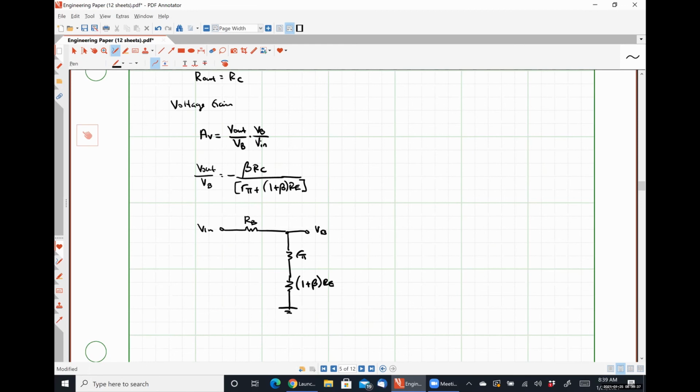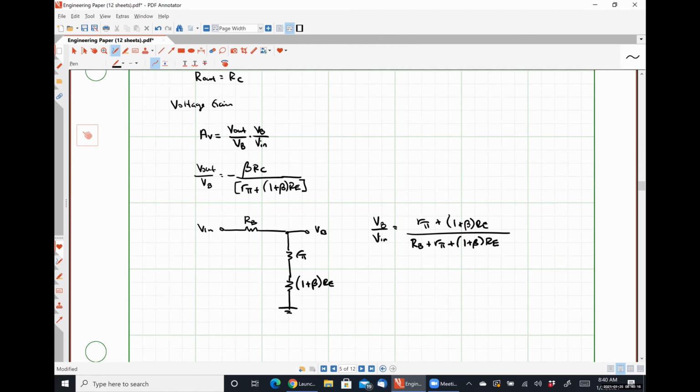So I can figure out what VB over Vn is just using simple voltage division rules, right? So VB over Vn is just going to be the total resistance seen between VB and ground, or R pi plus (1 plus beta) RE, divided by the total series resistance seen at the input, RB plus R pi plus (1 plus beta) RE.